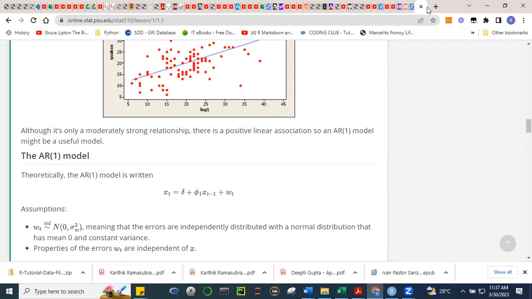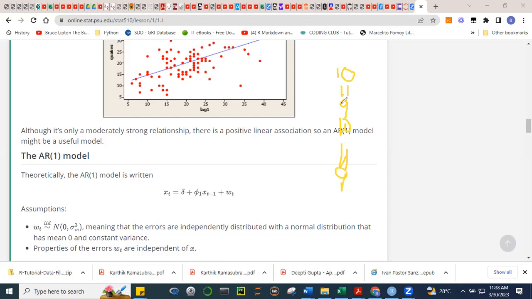So, for example, sulat lang ako dito ng example. Okay, so you have this data. Let's say, ito yung latest. So, 10, 11, 9, 10, 11, 9.